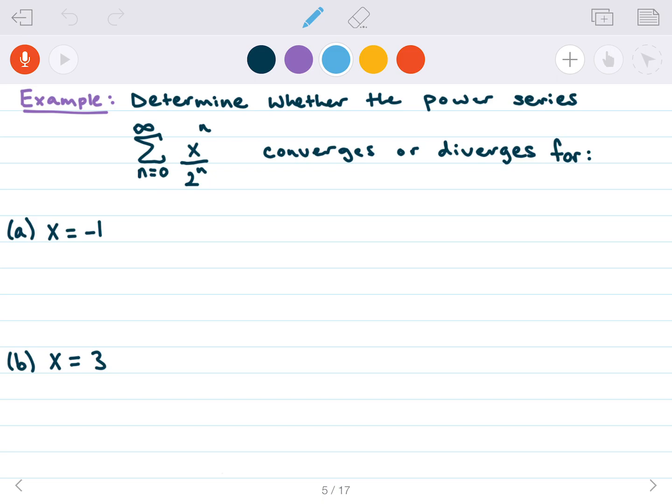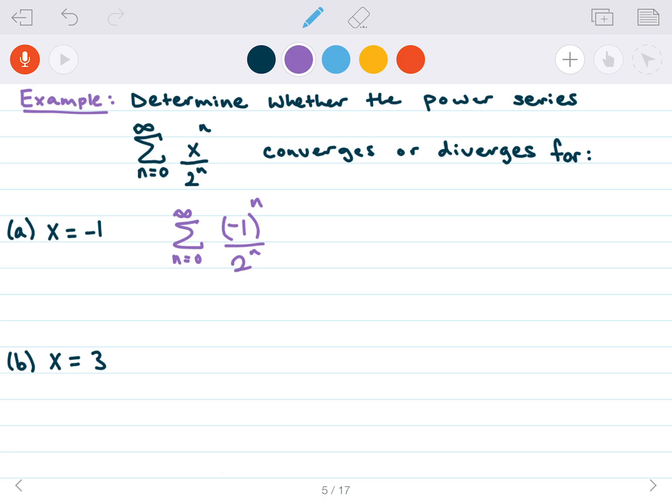So if I plug in negative 1 for x into this series, what I'm going to get here is the following. I have the sum from n equals 0 to infinity, and instead of x, I'm putting negative 1, so negative 1 to the n all over 2 to the n.